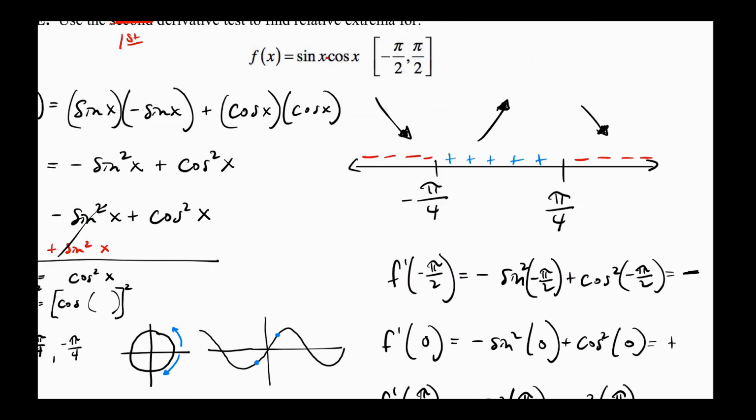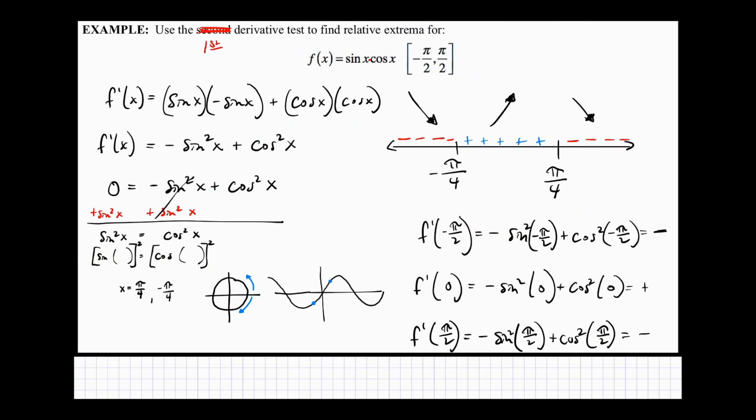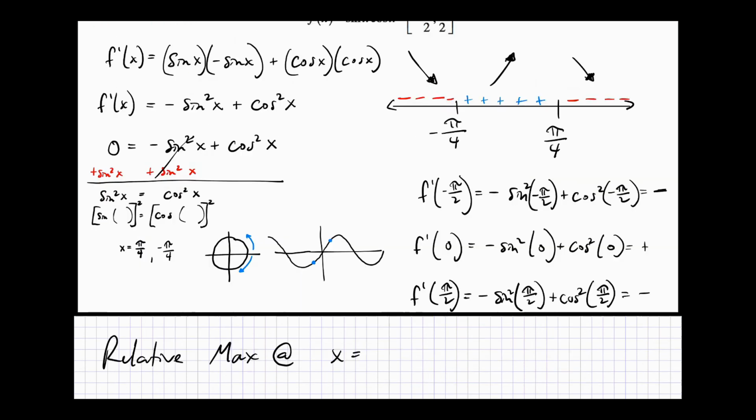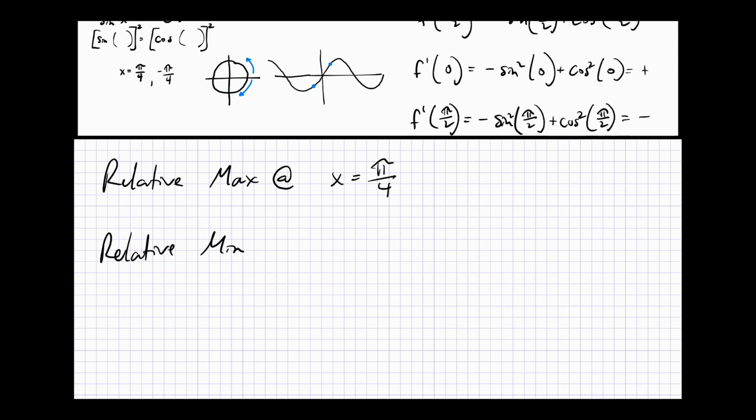So let me get another sheet here so I can answer the question, because I haven't even answered the question, relative extrema. So we have a relative maximum at x equals pi over 4. And we have a relative minimum at negative pi over 4.